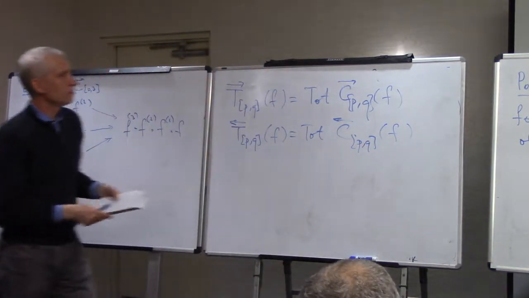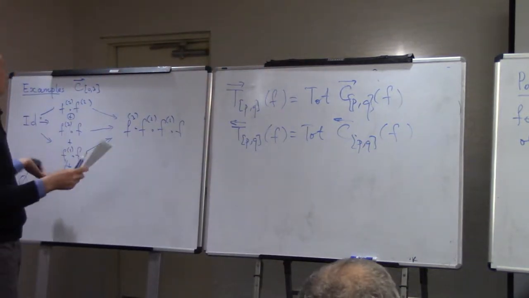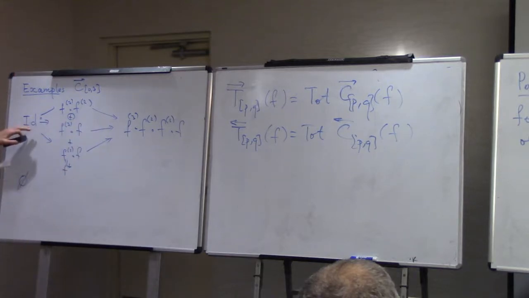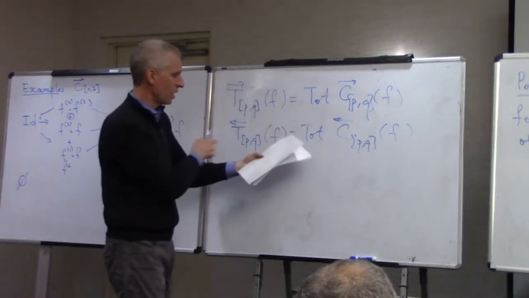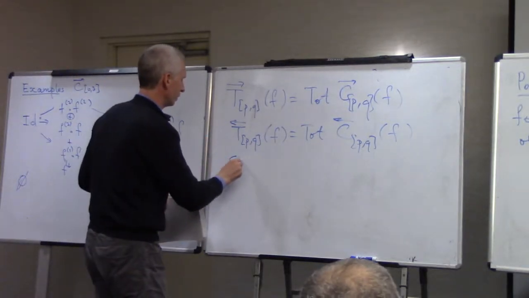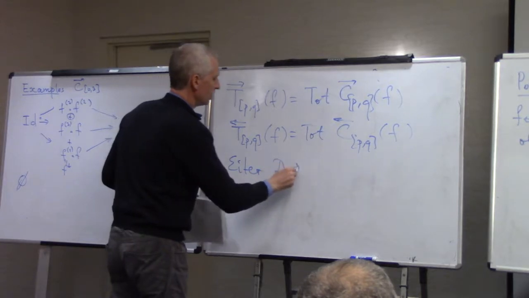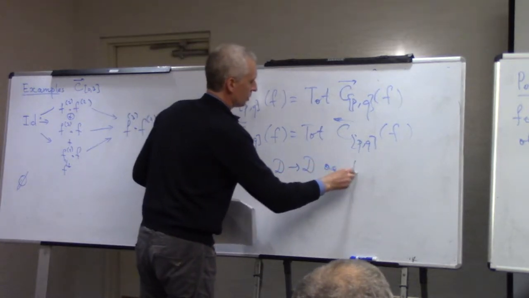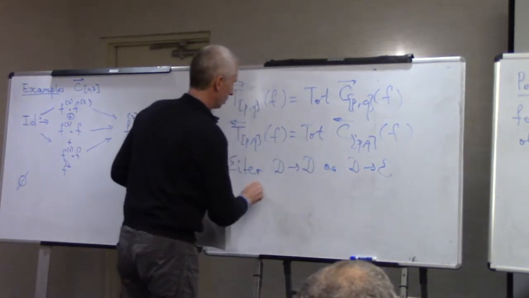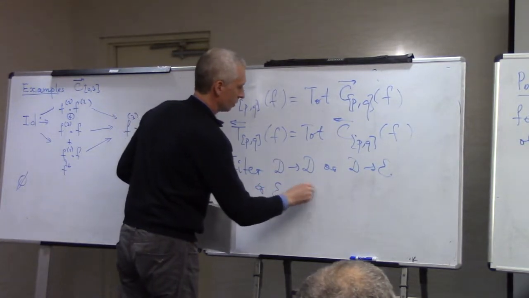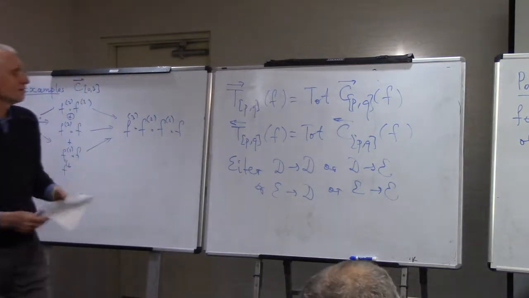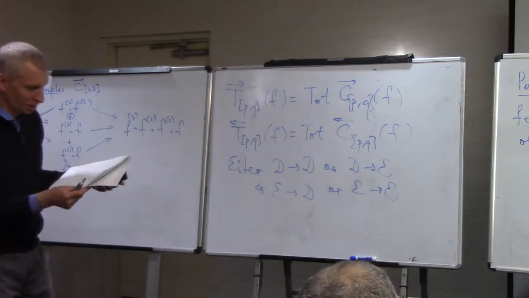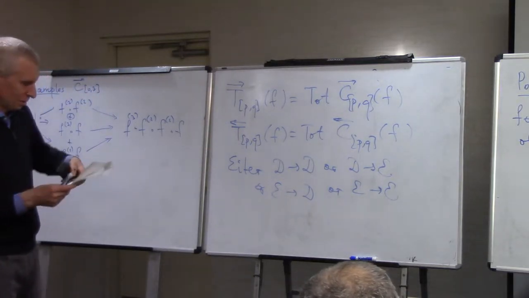So there are either endofunctors, functors from D to D, or functors from E to E, or from D to E, or functors from E to D, depending on the parities. So either D to D, or D to E, or E to D. There's some kind of 2x2 matrix floating around here, which I'll explain later.